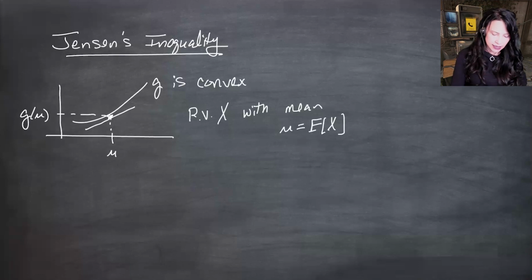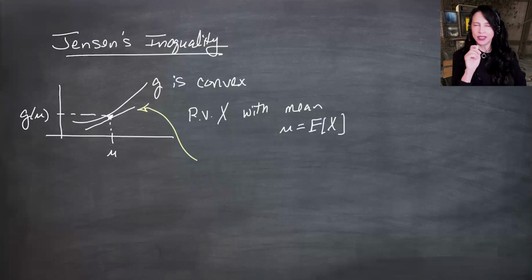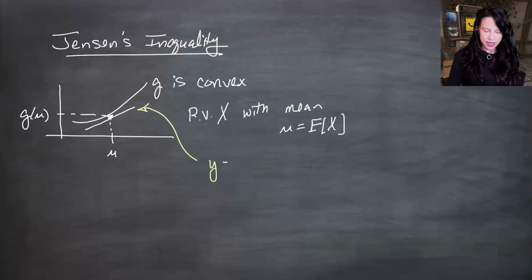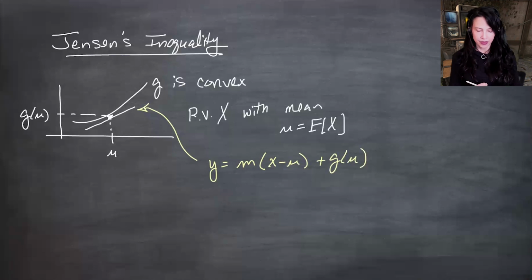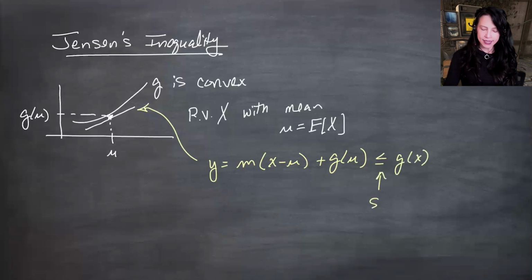I haven't stated Jensen's inequality because I always get it backwards, so I kind of need to derive it every time, and that's what I'm doing. This line is the line y equals some slope times (x minus mu) plus g of mu. And this is always less than or equal to g of x, since g is convex.